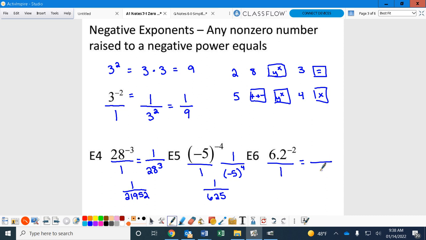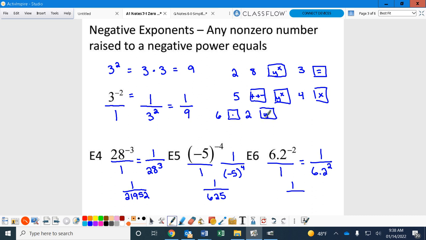Okay, we move that 6.2 to the bottom, but we have it as a +2 exponent instead of a negative now. We grab our calculators and we're going to type 6.2 power button squared equals. Hold on, let me write it up here just so we can have it in the notes if you want to go back and look at it. 6, the decimal point, 2, right?